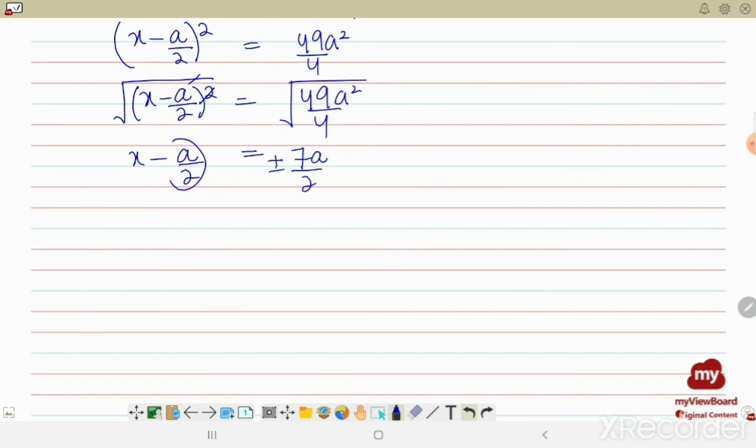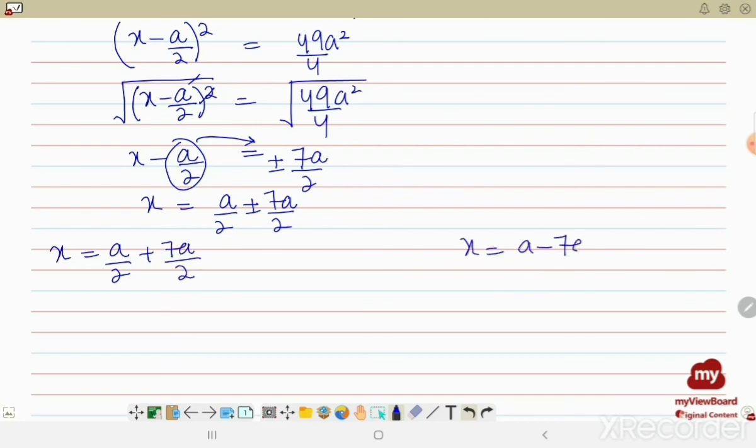Since we don't need the value of a by 2 over here, we'll move it to the other side. It will become x equal to a by 2 plus minus 7a by 2. So we'll write it once with the plus sign and then with the minus sign, so that we can find out the values. So these are two fractions, we'll make them a single fraction.